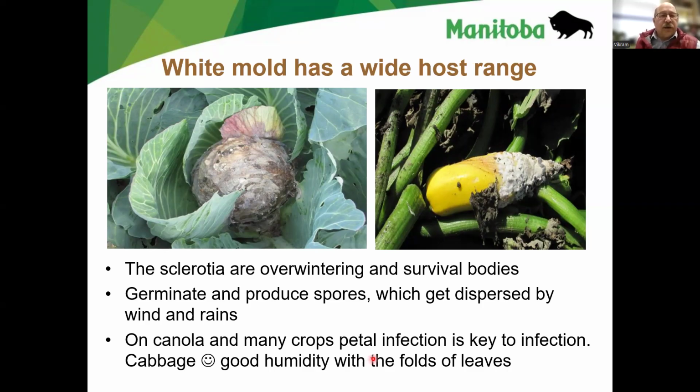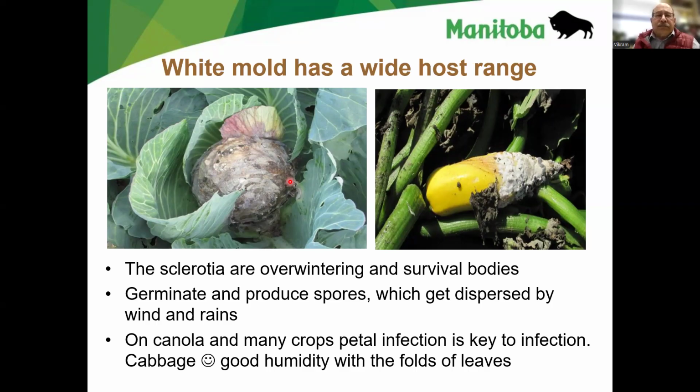But you can say yes for the zucchini or the pumpkins, they have petals. But what about cabbage? Cabbage has no petals. So, in this case, the infection happens because the cabbage leaves provide a very good condition for the fungus to grow and infect.